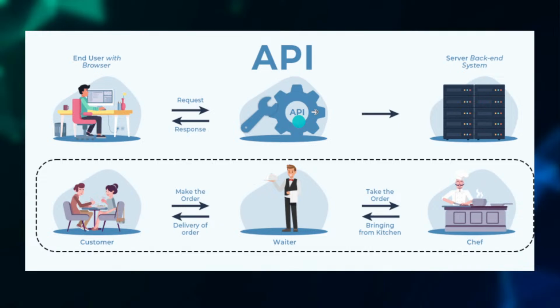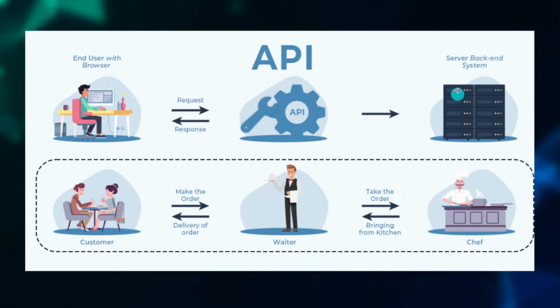API is an intermediate for the user, the end user. The end user is someone using a browser; if you search anything, you are the end user. Based on your request, the API collects your request and goes to the server and tells it the request.